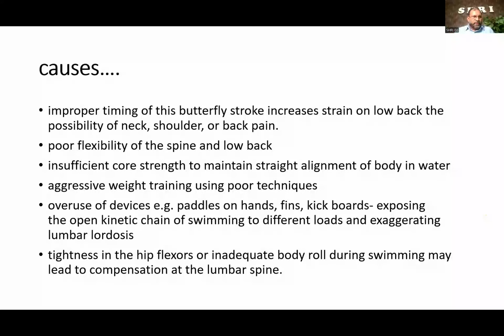Then another cause of back pain, the cause of overuse injury, is improper timing of the butterfly stroke, which increases strain on the low back, with the possibility of neck, shoulder, and back pain. Then there is poor flexibility of the spine and low back. That's why we advise all sports athletes to do stretching and warm up before they start the sport.